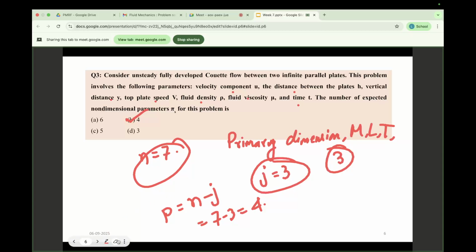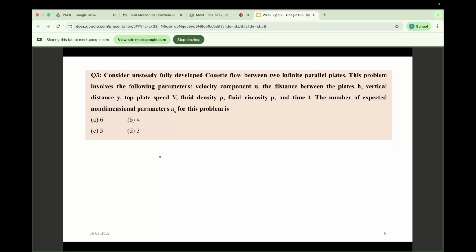As we have got the answer, let me clarify this thing for you. Among these, what are the terms we have got? As n minus j we get 4, so 4 groups are expected.